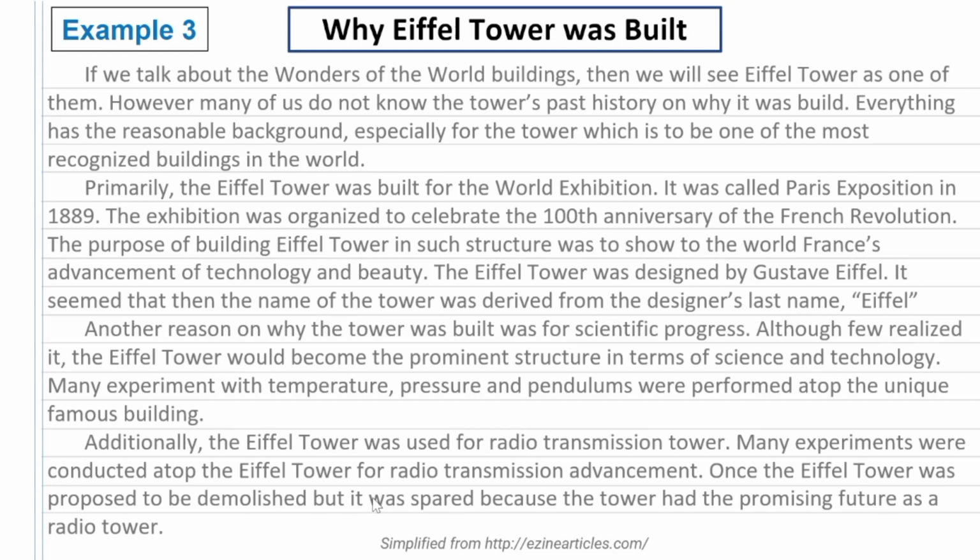And the last, it was used as a radio transmission tower. So from reading the second, the third, and the fourth paragraphs, we know easily why the Eiffel Tower was built. Yes, so this is a logical explanation of why something happens, how something occurs, how something is made.